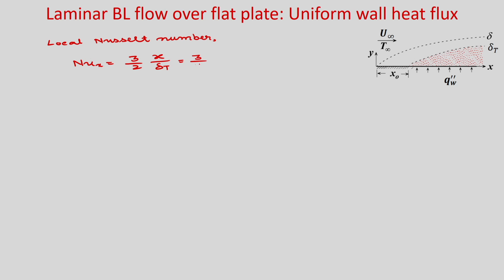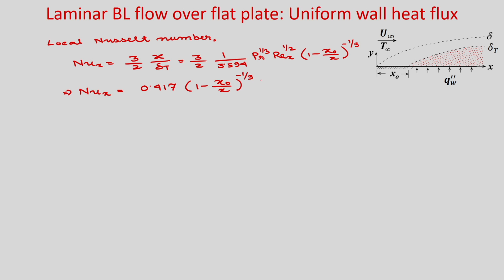So, you can write 3 by 2, 1 by 3.594 Prandtl number to the power 1 by 3 Re_x to the power half, and 1 minus x naught by x to the power minus 1 by 3. So, if you rearrange, you will get the Nusselt number as 0.417 into 1 minus x naught by x to the power minus 1 by 3 Prandtl number to the power 1 by 3 Re_x to the power half.